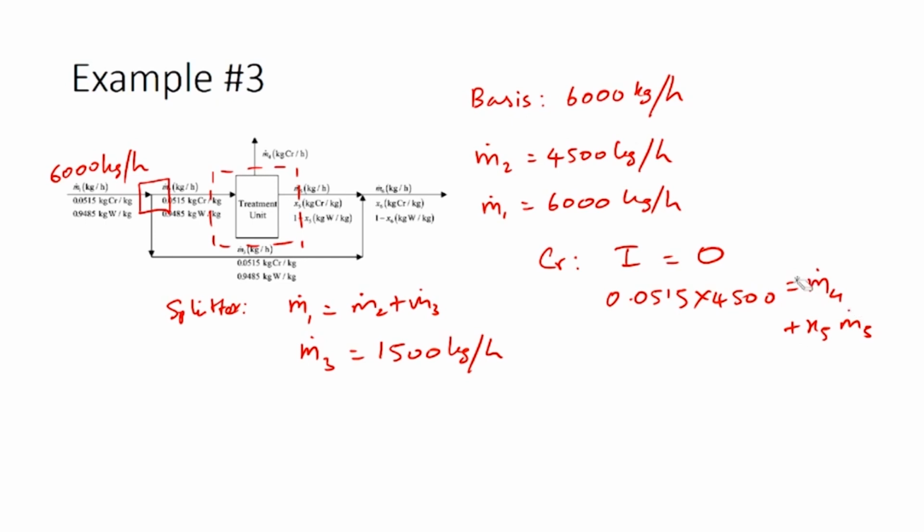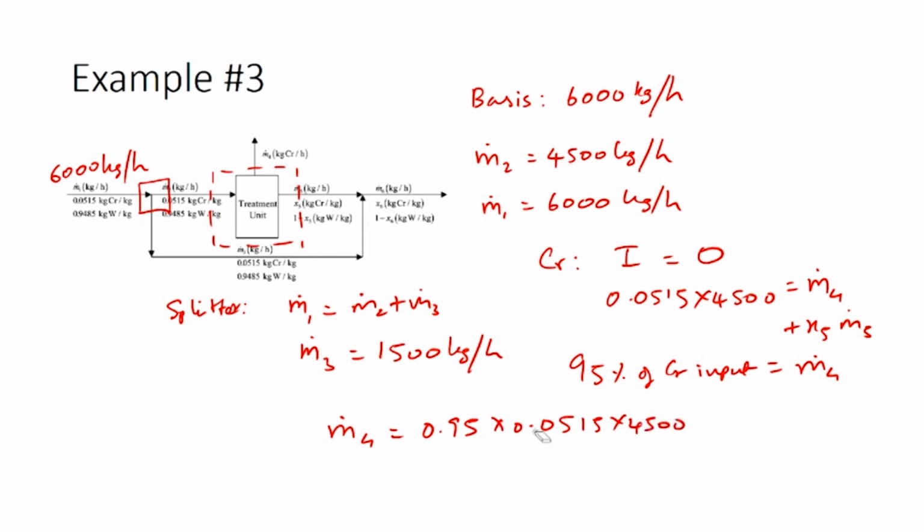We do not know M4 or X5 M5. However, we have been told that 95% of the chromium input is leaving as M4 dot. So, we can calculate M4 dot as 0.95 times 0.0515 times 4500, which is equal to 220.2 kilograms per hour.